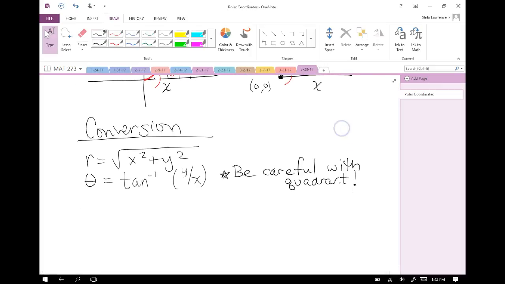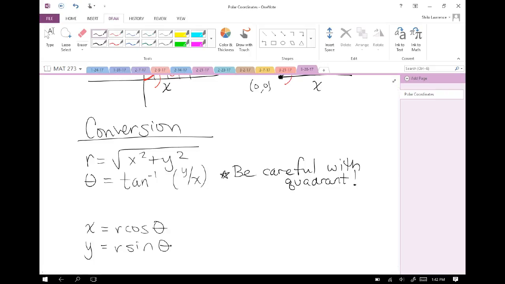And then if we know polar coordinates, magnitude and angle, and we want to turn it back into rectangular coordinates, so we know r and theta and we want to turn it back into x and y, x equals r cosine theta, y equals r sine theta.